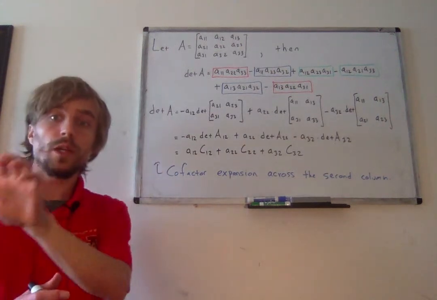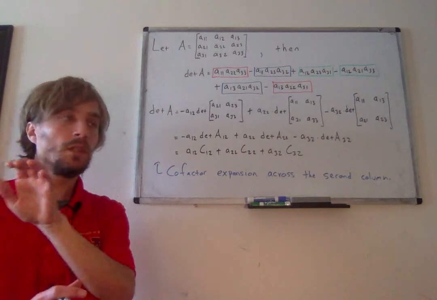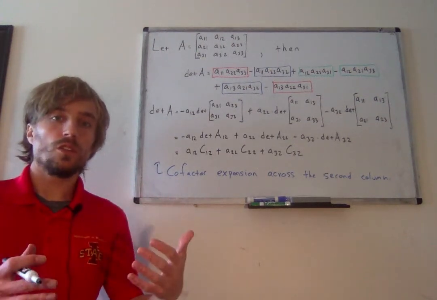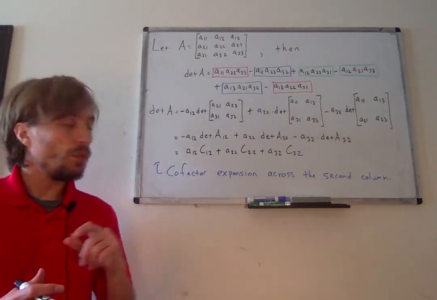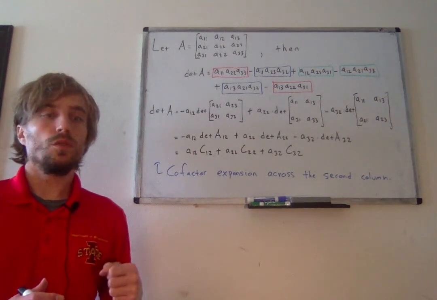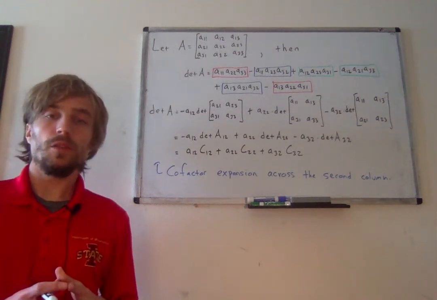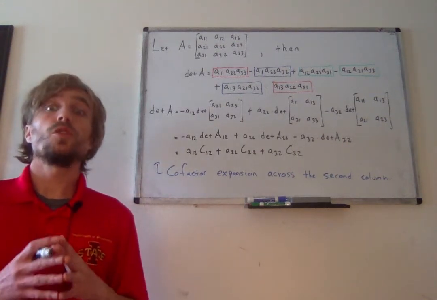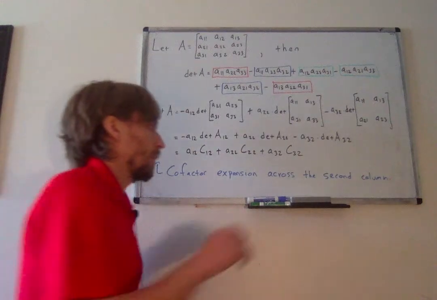Then I work my way across the row or down the column, pull out the term, multiply by the corresponding cofactor, and so on. This fact, which we will state as a theorem and then use to work on that same example that we started with, is what's going to make finding determinants so much easier.